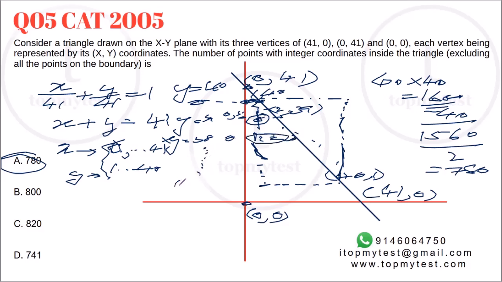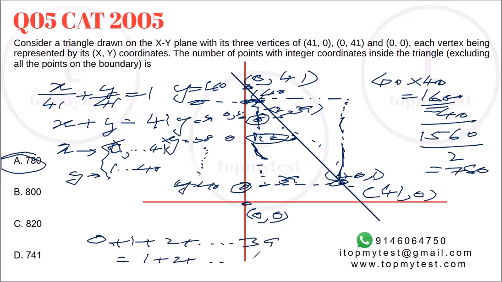Keep on going. At y equal to 1, how many points are available? Ideally, it should be 0 to 40, 41 points, but 0 and 40 will be removed. So 39 points will be available, right? So you need to add 0 plus 1 plus 2 till 39, which is the same as 1 plus 2 till 39.